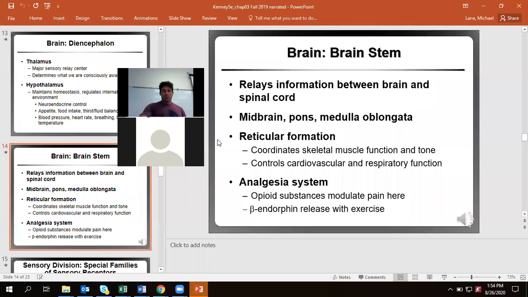Now, we talked about the brainstem. Now the reticular formation, this is going to be just that basic muscle tone of holding us in position and also basic cardiovascular respiratory function. Now we also have our analgesia system, which is going to be natural opioids, which we are producing for pain modulation from doing usually physical activity.